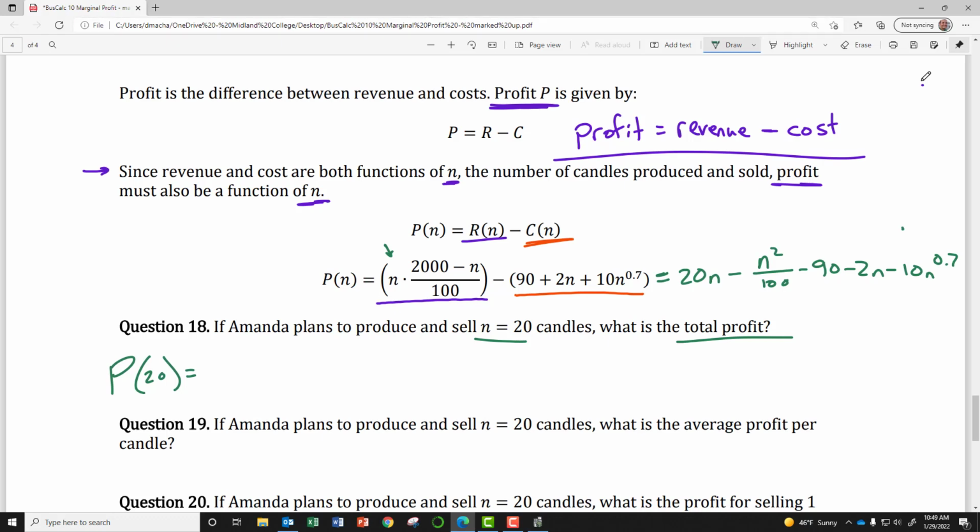And I can collect like terms here, because I have 20n minus 2n, that's just 18n. This is the only term where I have n squared, so I leave the minus n squared over 100. This is the only constant I have, and this is the only power of n where the power is 0.7. And so this is going to be my easier to use function for profit, actually. So this is also profit as a function of n.